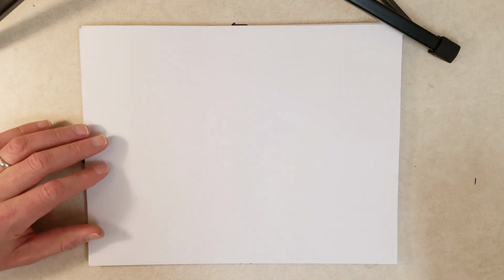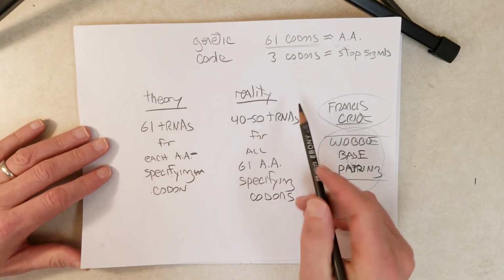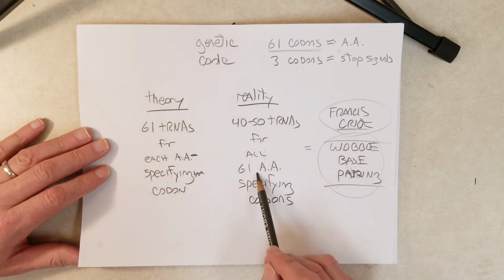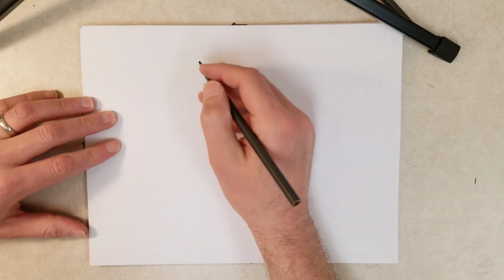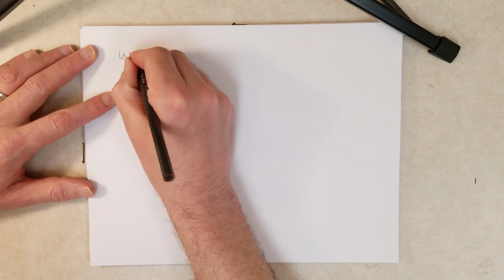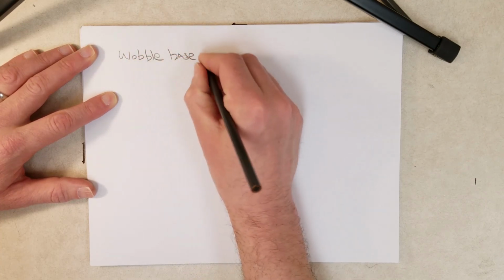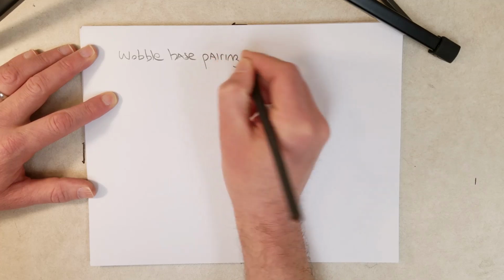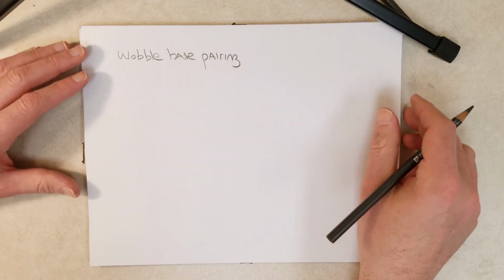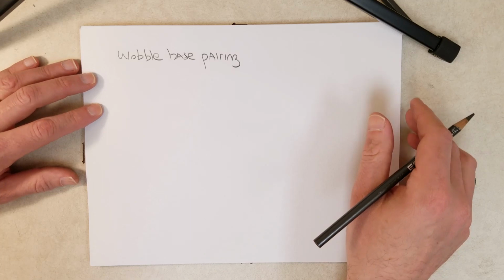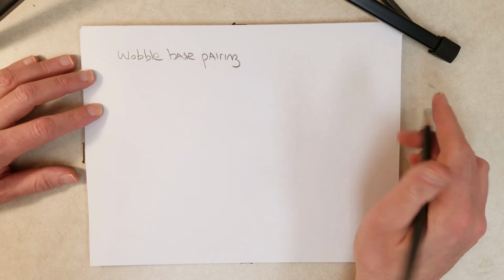Okay, so what's going on in wobble base pairing? Because of wobble base pairing, 40 to 50 tRNAs can recognize all 61 amino acid-specifying codons. So, what is wobble base pairing? I remember being really confused about wobble base pairing when I was an undergraduate student 25 years ago.